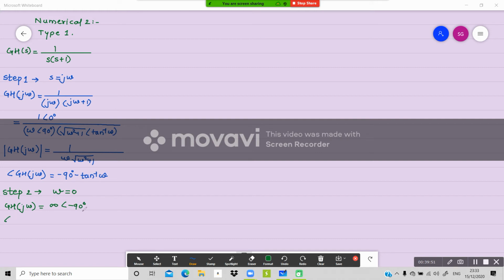And then step number 3, when your omega is infinity. When omega is infinite, the denominator has infinity, means the magnitude will be 0 and the angle will be minus 90 and minus 90, so minus 180.